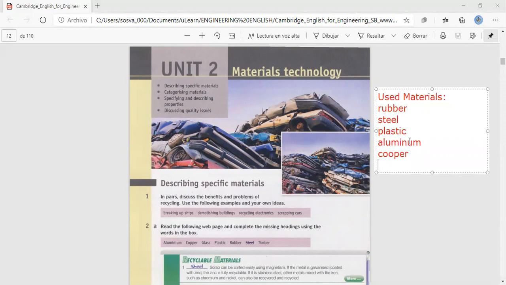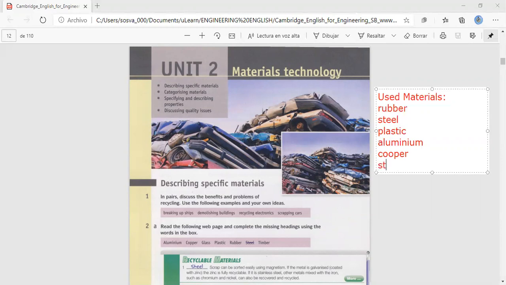There are more materials like... I don't remember. Acero... how can I say? Well, it doesn't matter, we're going to work with them in a few minutes. Acero inoxidable.